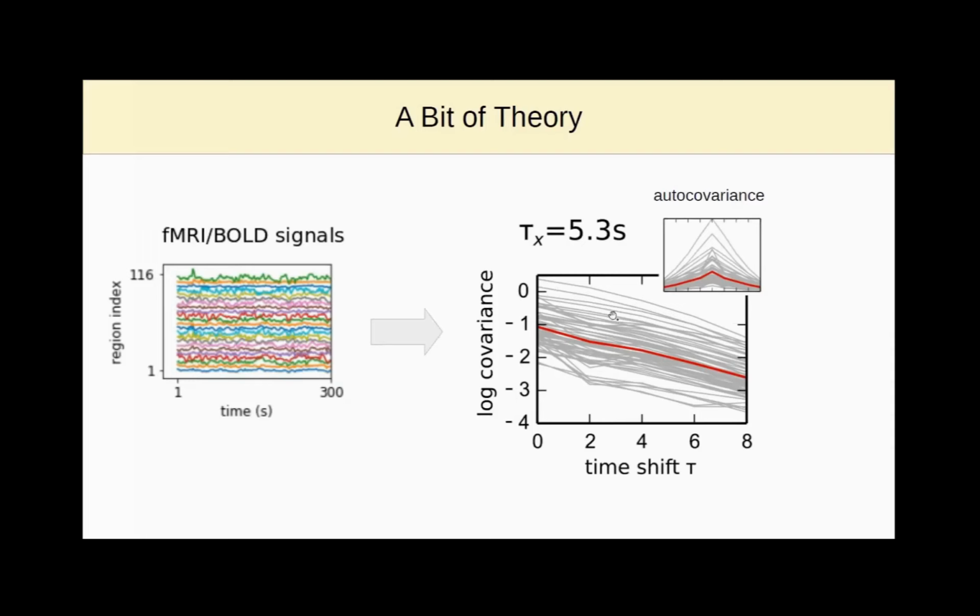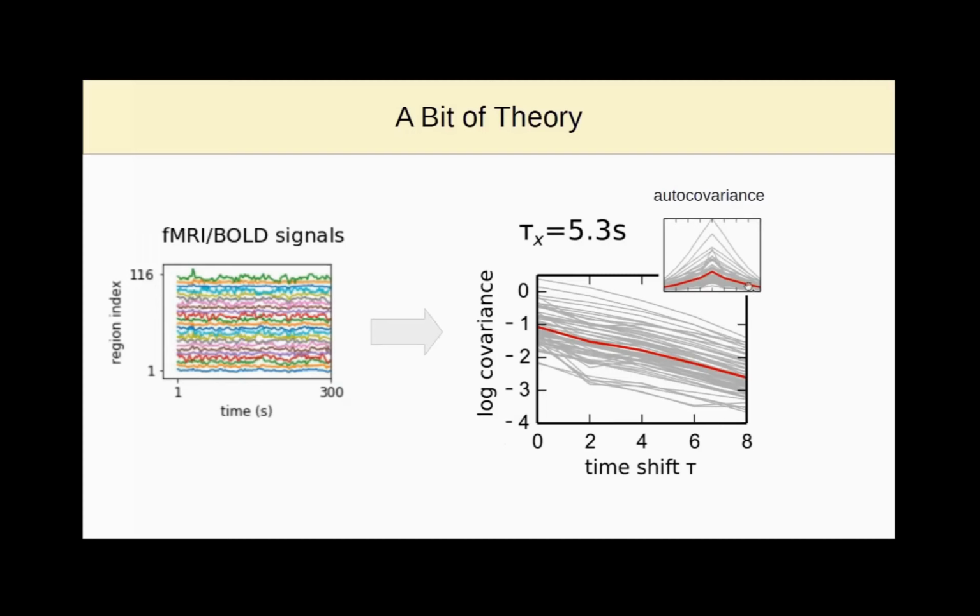When we look at this autocovariance for the Bold signal, we can see that all the regions have somehow the same profile of autocovariance, which is shown here in the plot with the log axis and with the time shift.